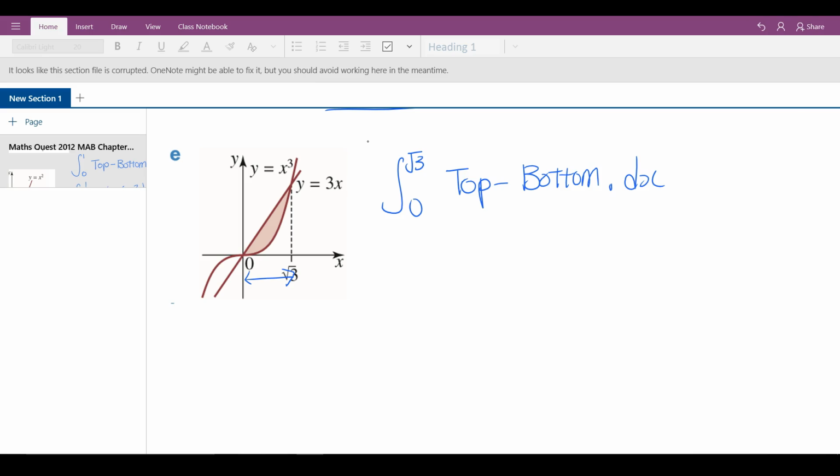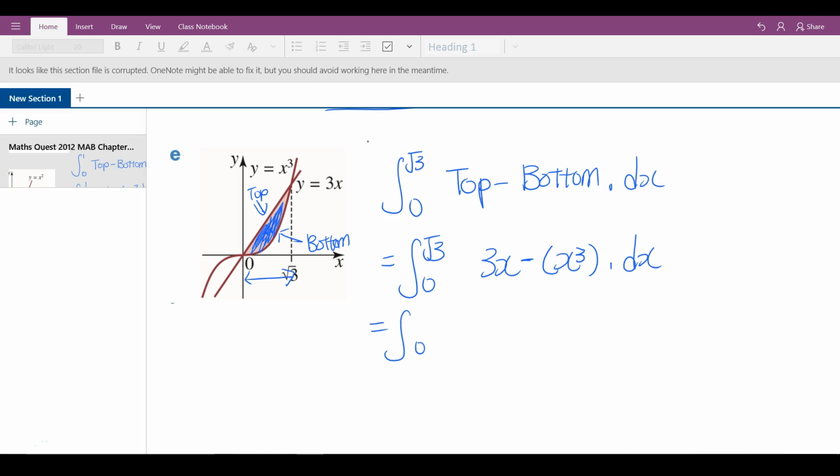In this particular region, the top would be the straight line, which is y equals 3x. Hence, the bottom would be our cubic function. So top minus the bottom is 3x minus x cubed, and then integrate with respect to x.